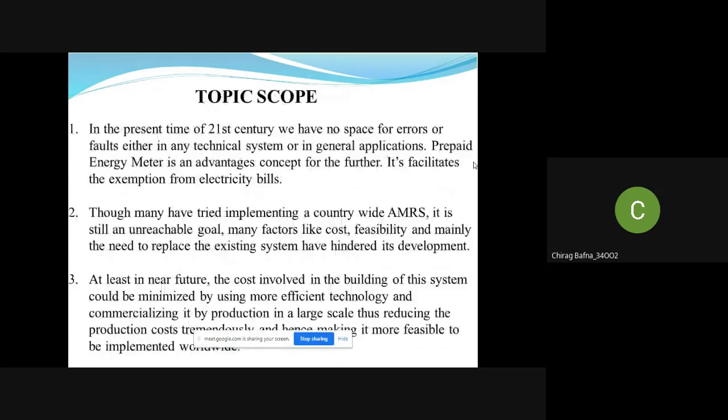Here is the topic scope. In the present time of the 21st century, we have no space for errors and faults in any technical system. So a prepaid energy meter is an advantageous concept for the future, and at least in the near future, the cost involved in building this system could be minimized by using more efficient technology.